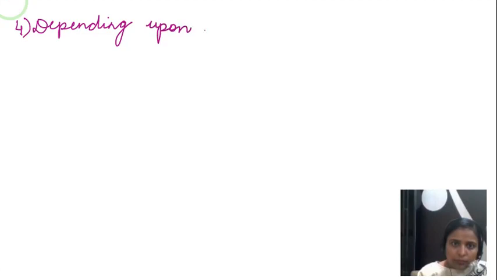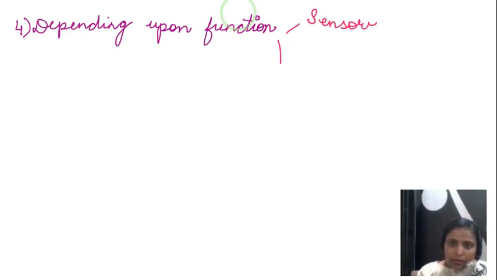The fourth type is depending upon the function. Then also it will be classified into two types, that is sensory, right, and motor.